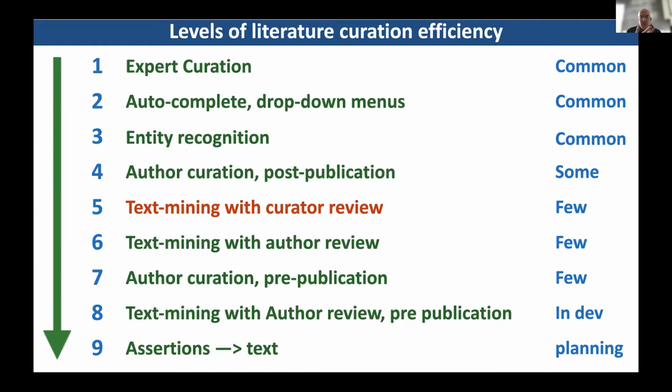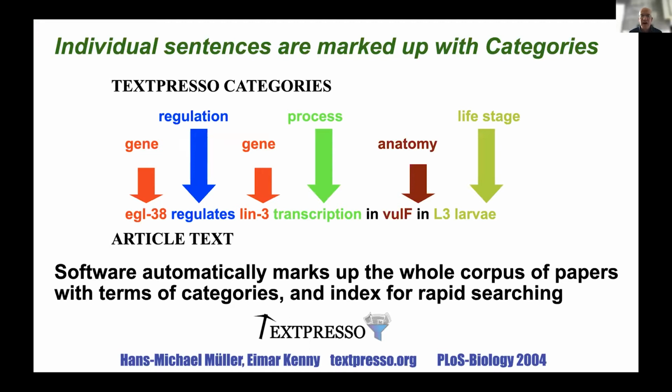Okay, another aspect that I think is now more common, so it's, I would say, few but increasing, is using text mining with curator review, so that you're getting around the inaccuracies of text mining by having human experts look at it. And I just want to highlight, because it came up in the conversation yesterday, how a very simple method gives good leverage.